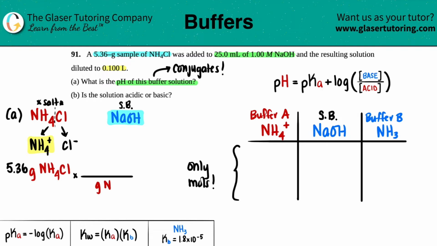Grams of NH4Cl on the bottom, moles of NH4Cl up on top. And just keep in mind that I have to include the chlorine because that's what the compound stated. It was a gram sample of the whole compound, so I have to get the molar mass for the whole compound. And remember, if we're using the periodic table, it's always 1 mole equals whatever that mass is on the periodic table.